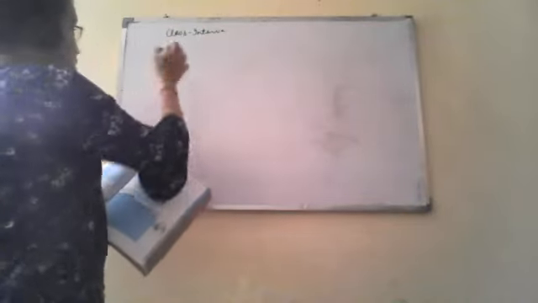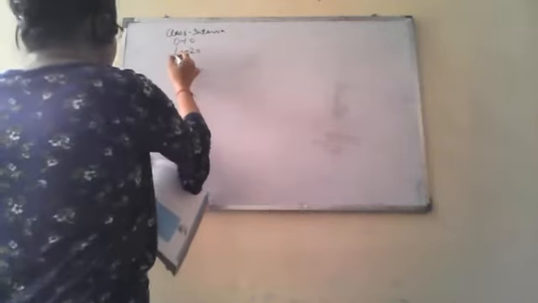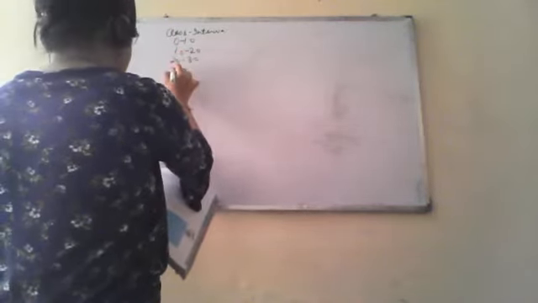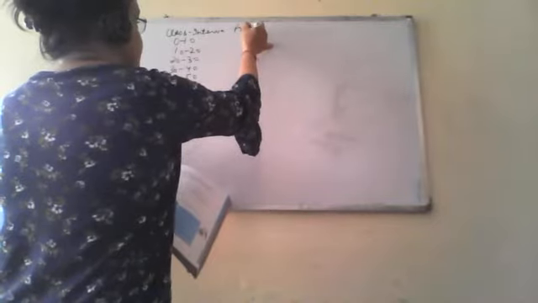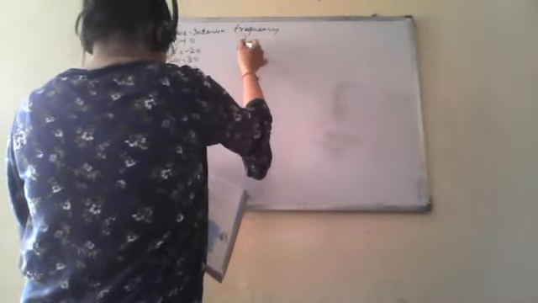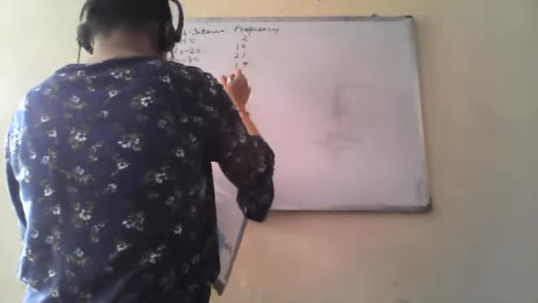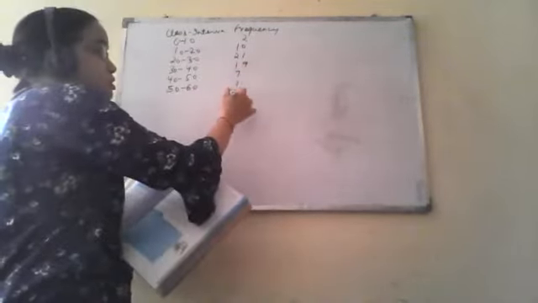This is the class interval, that is marks: 0 to 10, 10 to 20, 20 to 30, 30 to 40, 40 to 50, and 50 to 60. This is the frequency table. Frequency means number of students. This is 2, 10, 21, 19, 7 and 1. So its total is 60.